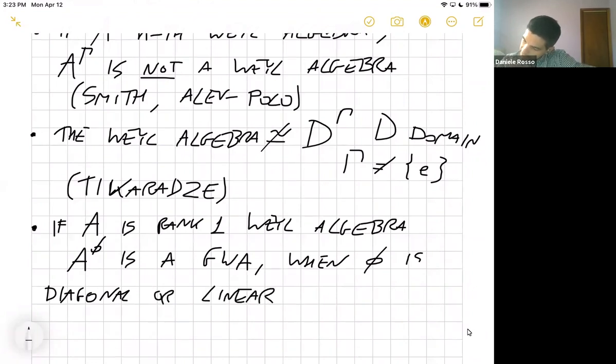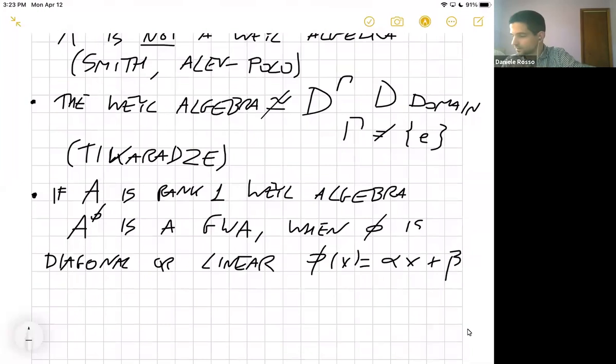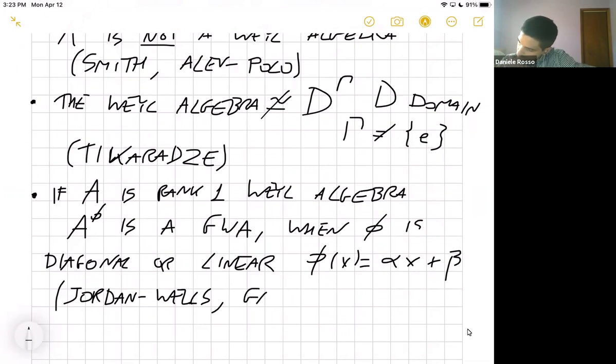What I mean by that is that phi of x is alpha x plus beta. So that's linear. Diagonal will be when beta is 0. The results were by Jordan and Wells, which proved the diagonal case, and then Gaddis and Wan extended it to the linear case.